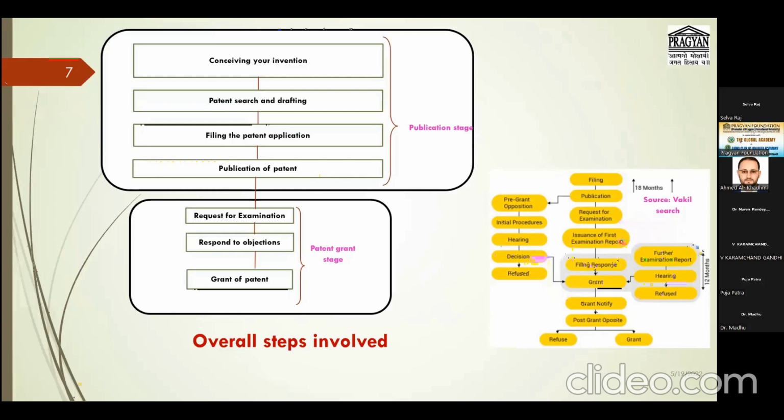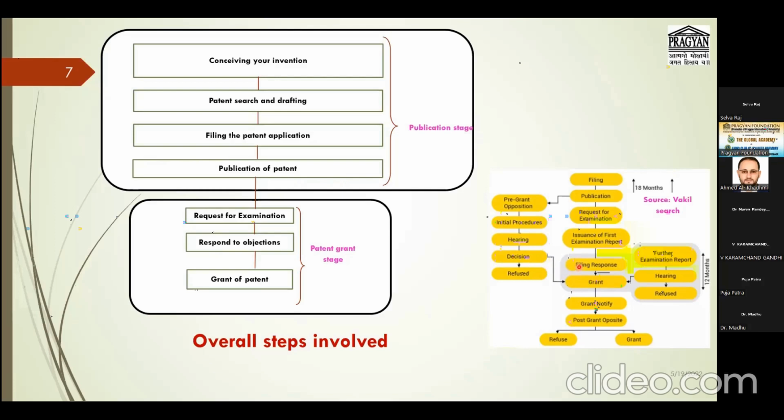Then the examination report reply should be given by the inventor. Then the filing process, filing responses, has to be done. After that, the controller may review or evaluate your patent draft. Then we go for grant.